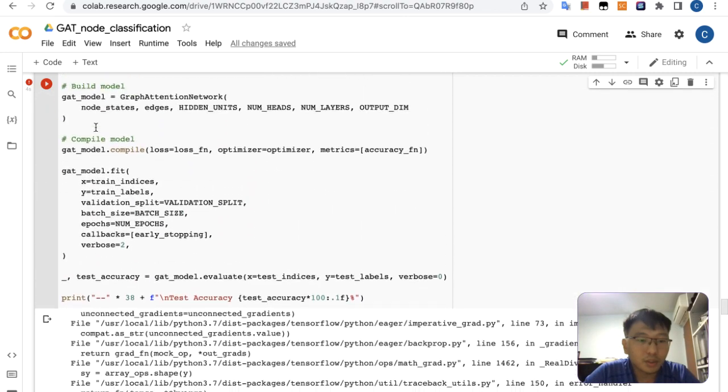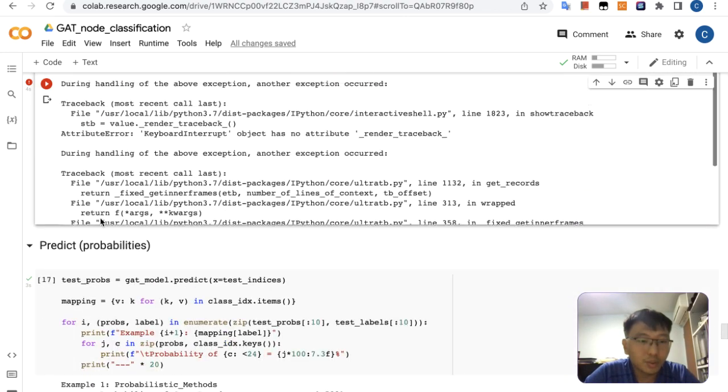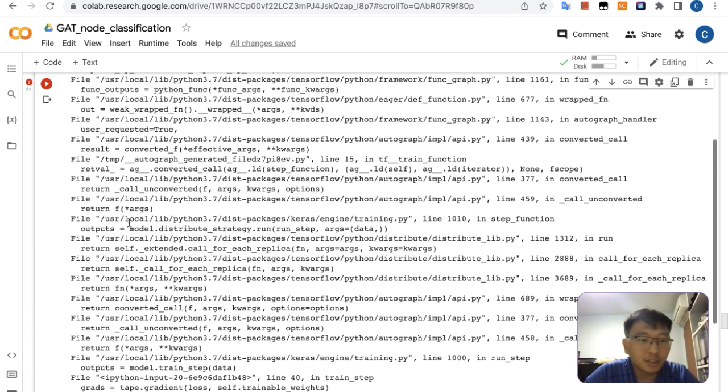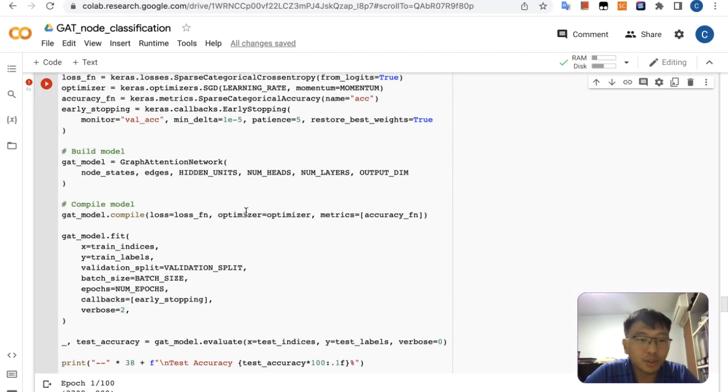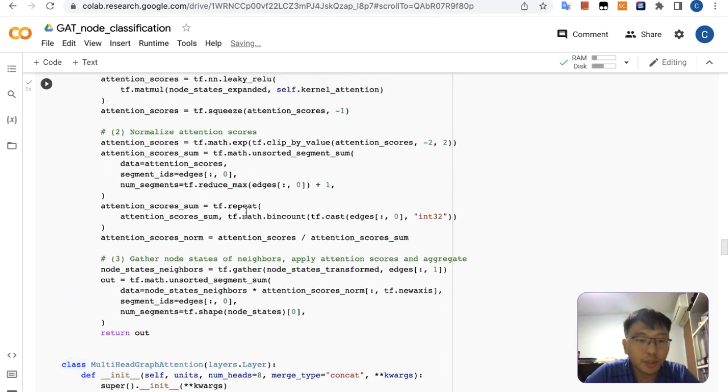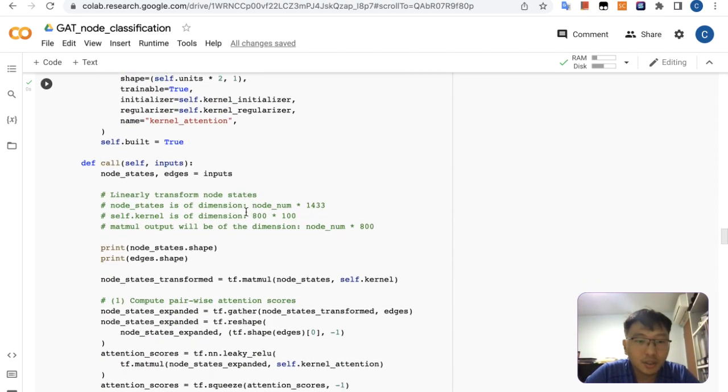There we go. So it is 2708 by 800 and 5429 by 2. 2708 by 800. So let's go back to that code earlier.